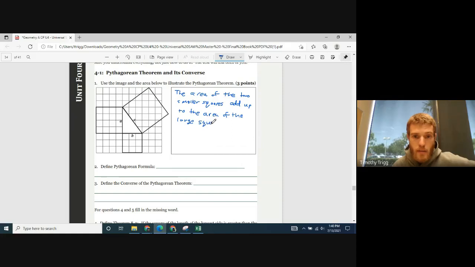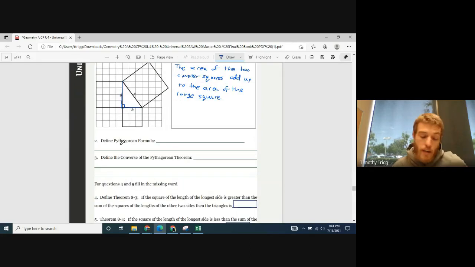This is illustrating the Pythagorean theorem, because here you have a right triangle, ABC, and the area of this square plus the area of this square adds up to the area of this square. That's true for all right triangles. If you take the two legs and square them and add them together, you get the length of the hypotenuse squared.